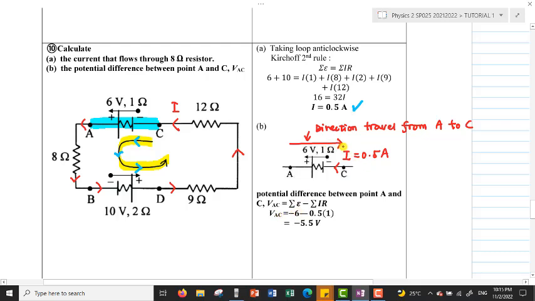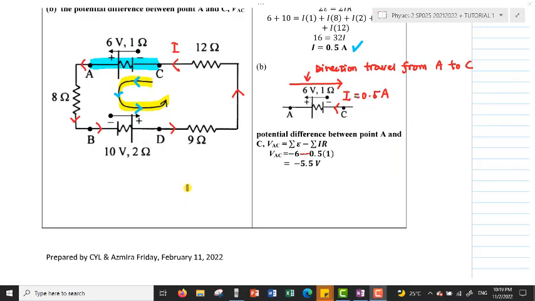And then the direction we travel is also opposite to the direction of current, so we have minus 0.5 multiplied by the internal resistance of 1 ohm, so minus minus will become positive. If you solve the question, you will get minus 5.5 volt.